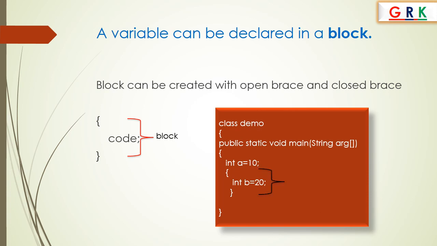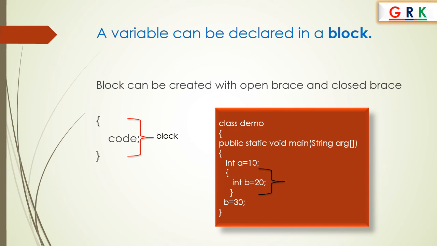If you try to access that b variable out of that block, then it causes an error. So the scope of b is only between those two braces where it has been declared.